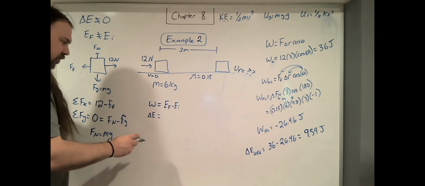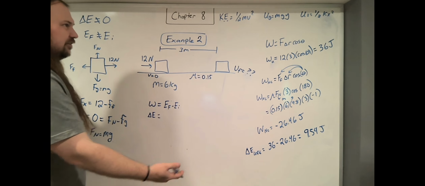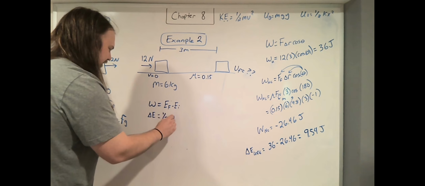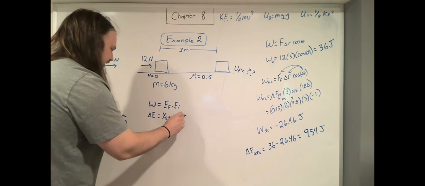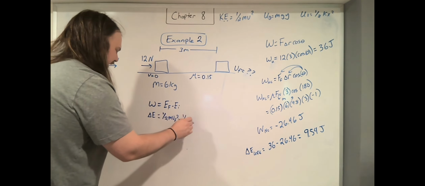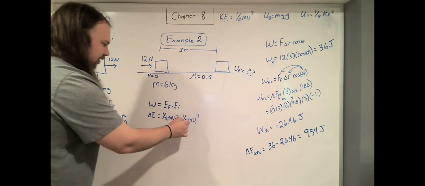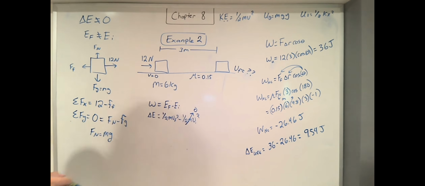E final, what was happening in the final for energy? The only one we have is kinetic energy. So we're going to have 1/2 m v final squared minus the initial, which was 1/2 m v initial squared. But the initial velocity was 0. So this whole thing is going to go to 0.